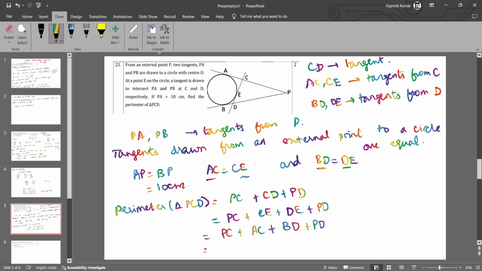So PC plus AC is nothing but AP, plus BD plus PD is nothing but BP from the diagram. And since we have the length of both AP and BP as 10 cm, we write 10 plus 10, which is equal to 20 cm, the perimeter of triangle PCD that we are asked to find. So let us move on to the next question.